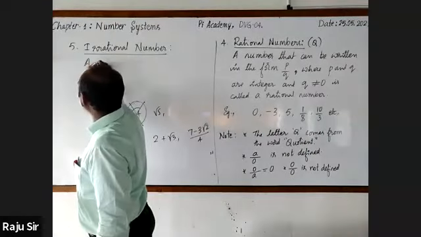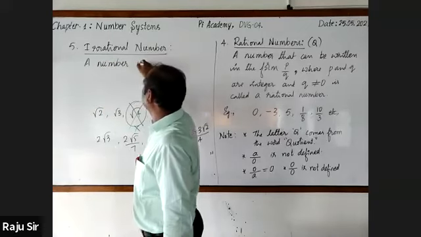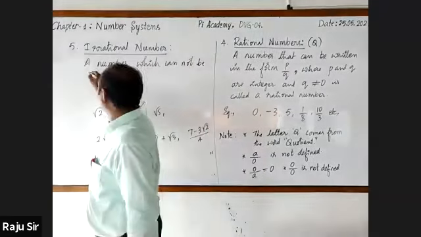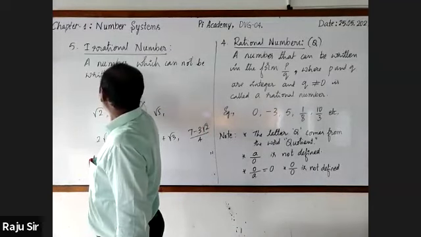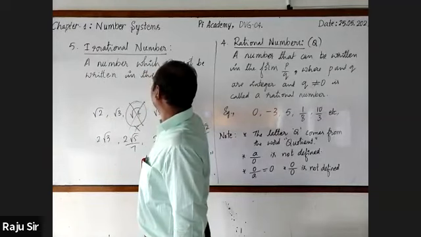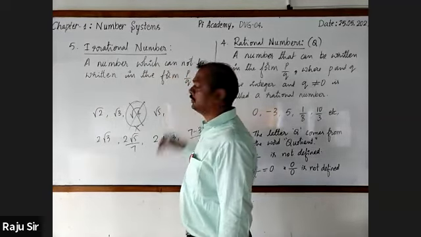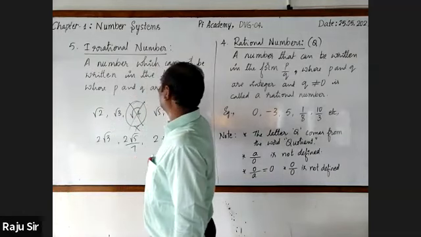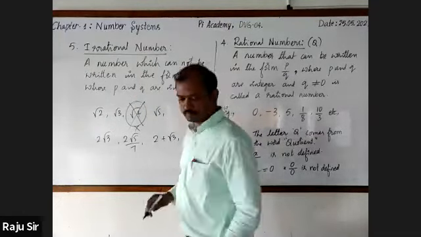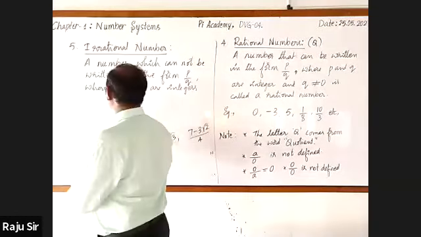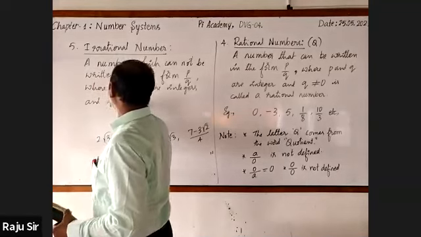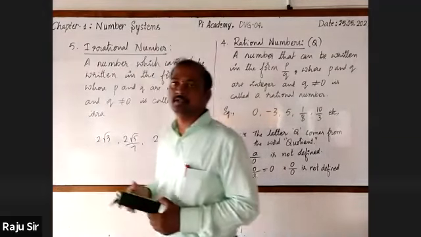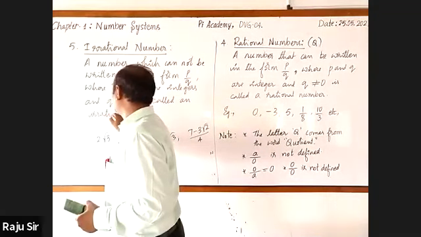Irrational: a number which cannot be written in the form of P by Q, where P and Q are integers and Q is not equal to 0, is called an irrational number.